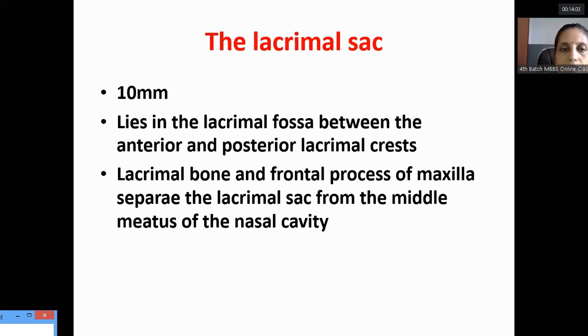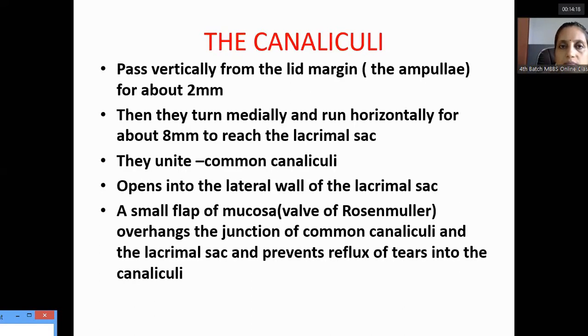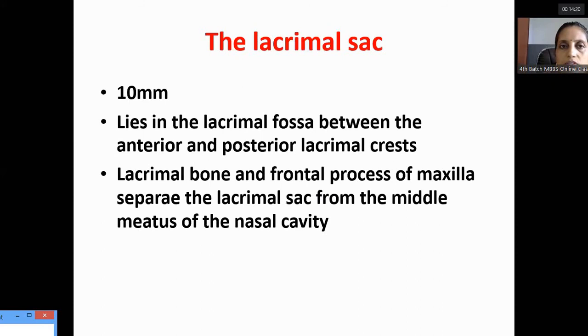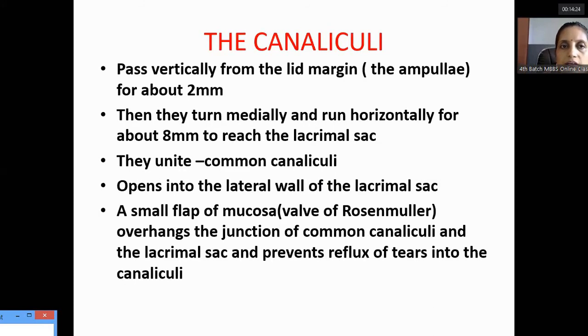It is 10 millimeters, and this is also 10 millimeters, which makes it easy to understand. But here, the initial two millimeters is vertical, then horizontal.